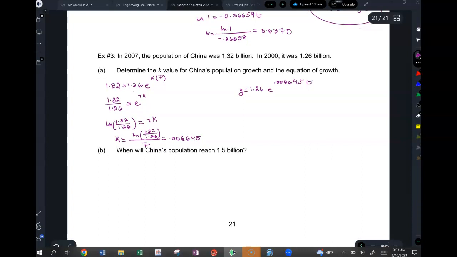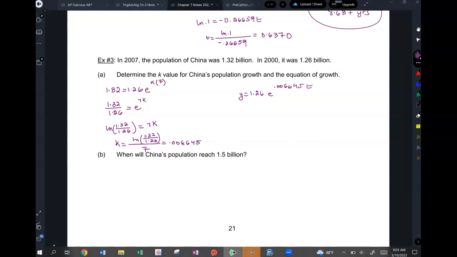When will China's population reach 1.5 billion? So now this is the final amount. So we're going to say 1.5 equals 1.26 e to the k times t. Divide by 1.26, is equal to e to that number.